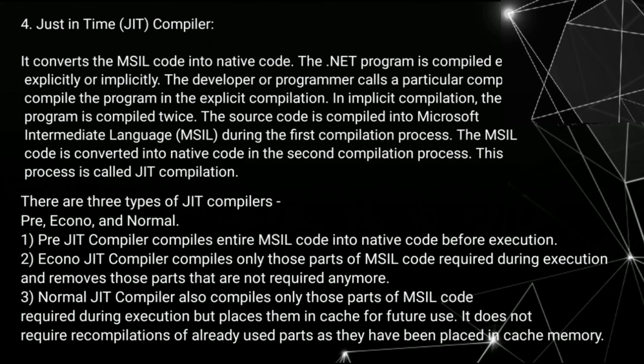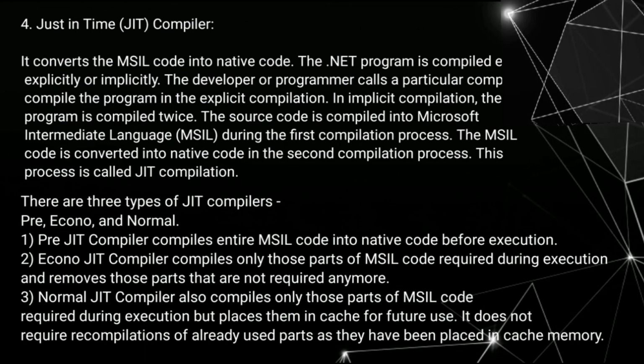There are three types of JIT compilers. The first one is pre-JIT compiler. Second is eco-JIT compiler. Third one is normal JIT compiler. Pre-JIT compiler compiles entire MSIL code into native code before execution. Eco-JIT compiler compiles only those parts of MSIL code required during the execution and removes those parts that are not required anymore.